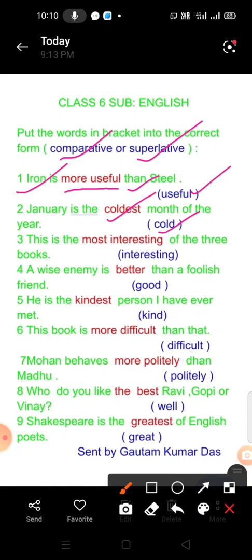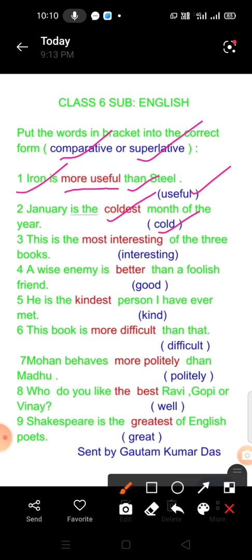And positive degree, when you do not compare, you tell both are equal. Both are equal and that will be in the positive degree.